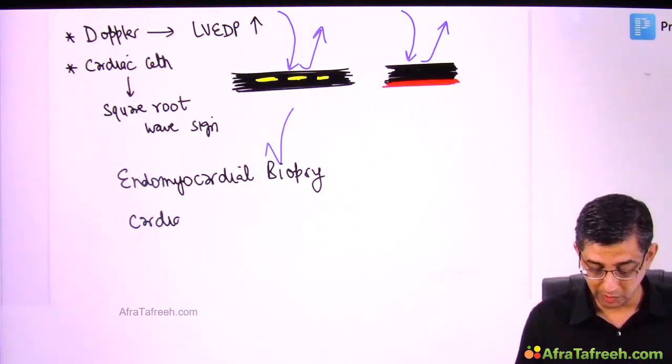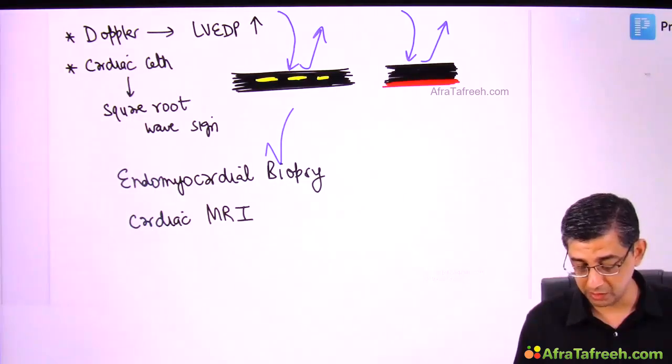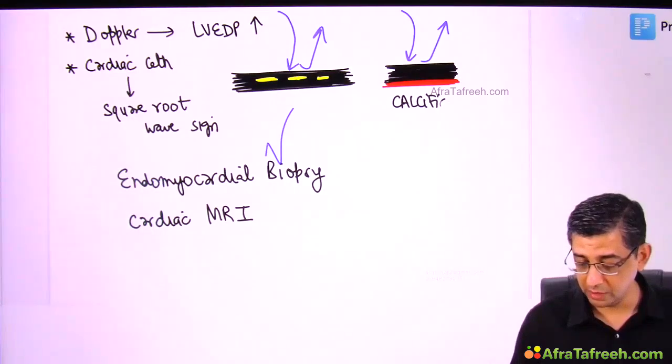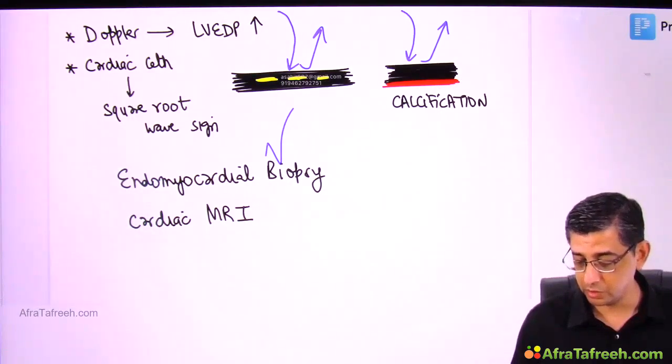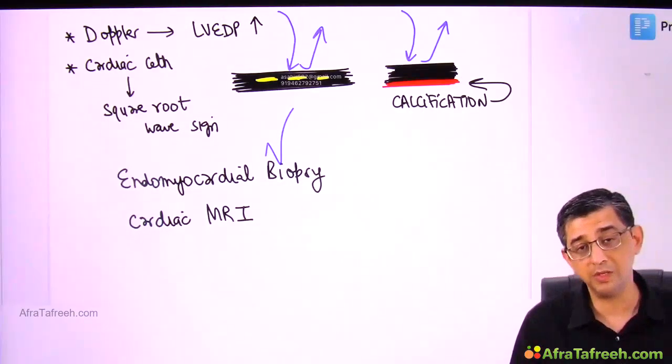So nowadays we use cardiac MRI to differentiate whether it is going to be fibrosis in the wall or calcification outside the heart. Obviously, MRI will have sufficient resolution to demonstrate calcification versus the fibrosis present in the wall.